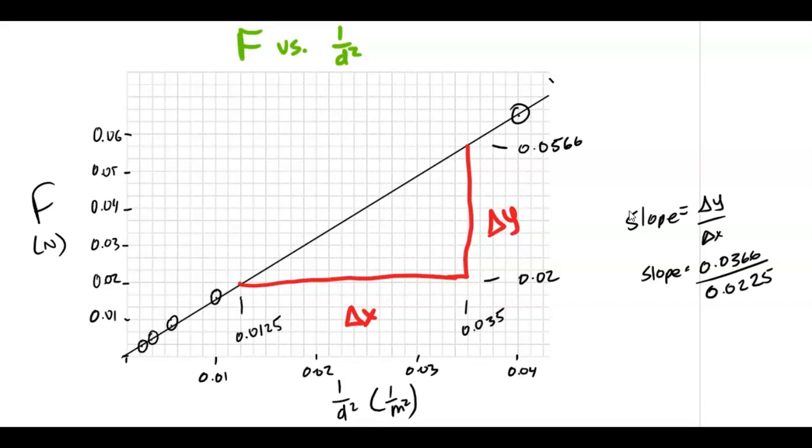That gets you approximately a slope of 1.63. So as we're putting this together to find that mathematical relationship, y is equal to mx plus b, which in this case b is 0. Now you could simplify that to say 1.63 over d squared.